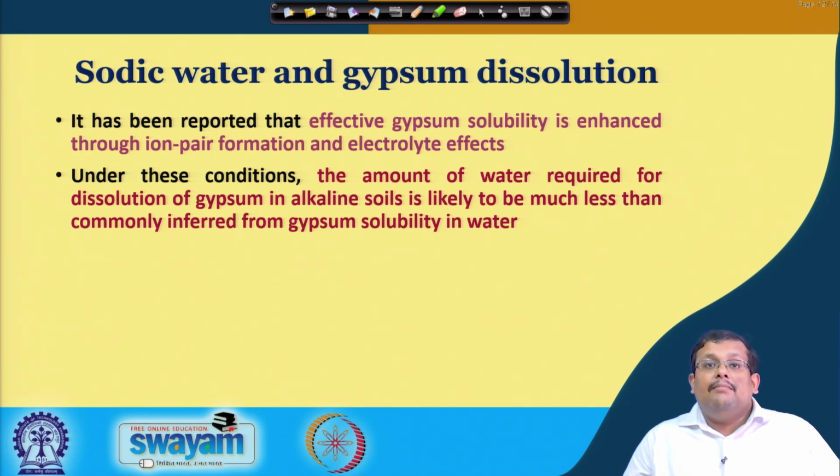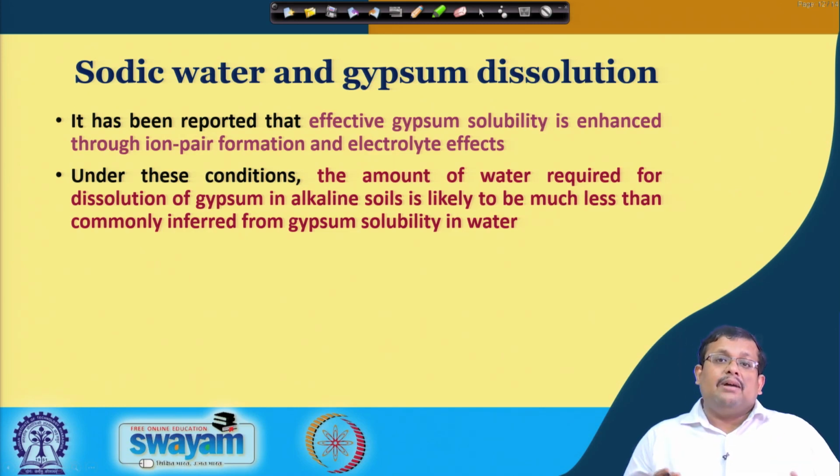Again, the effective gypsum solubility is enhanced through ion pair formation, what is an ion pair, we will discuss, and the electrolyte effects. So, the amount of water generally required for dissolution of gypsum in alkaline soil will be much less than what we see for gypsum solubility in water.